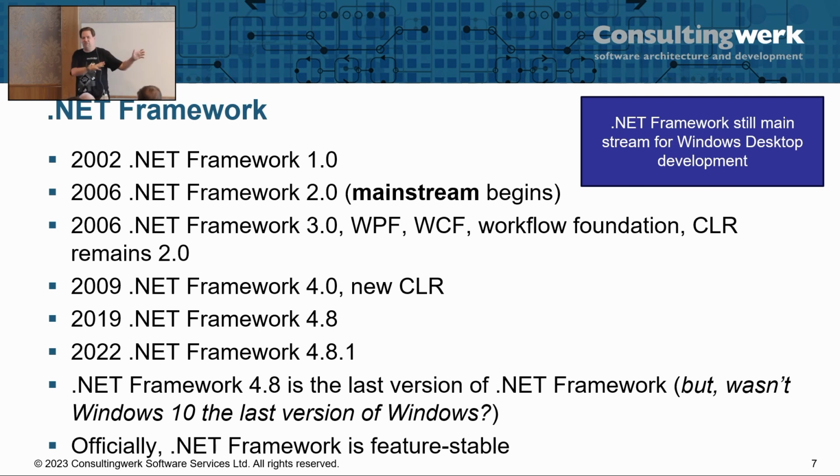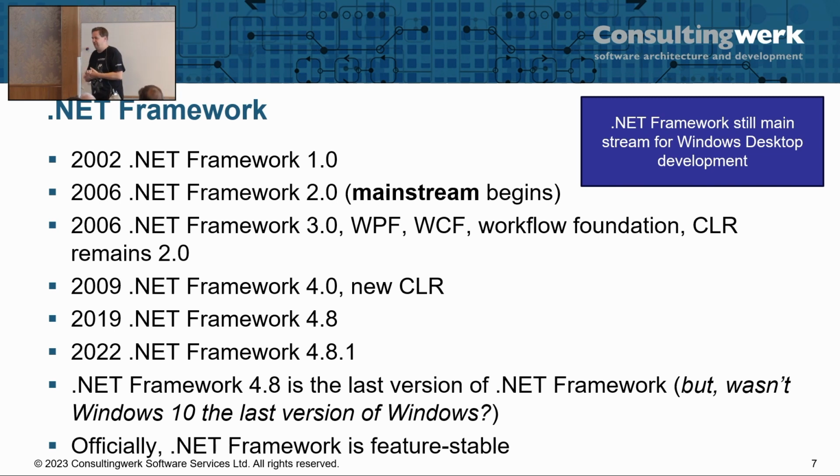Microsoft wanted to add features to the Java runtime. Sun said, hey, you're violating the Java specification, you're not allowed to do that. Then Microsoft said, okay, we have enough developers, we'll invent our own Java. And that was the birth of the .NET Framework and C# as a language.